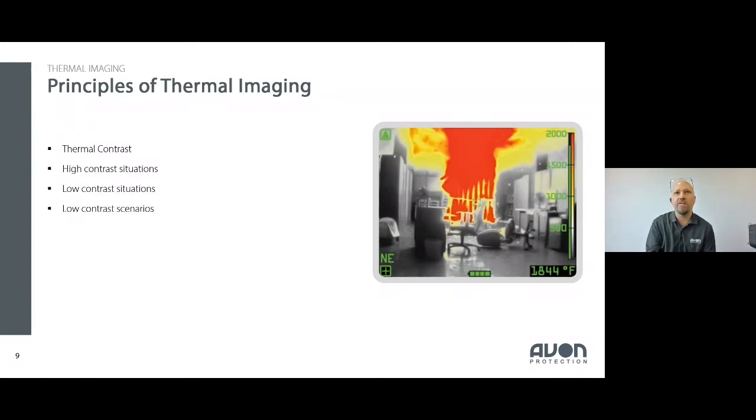It's in Fahrenheit there, and not centigrade for you Europeans, but we're measuring it at 1,844 Fahrenheit, which is close to 1,000 degrees Celsius. So that's an incredibly hot fire. But you can still see the detail outside of the fire and away from the fire.